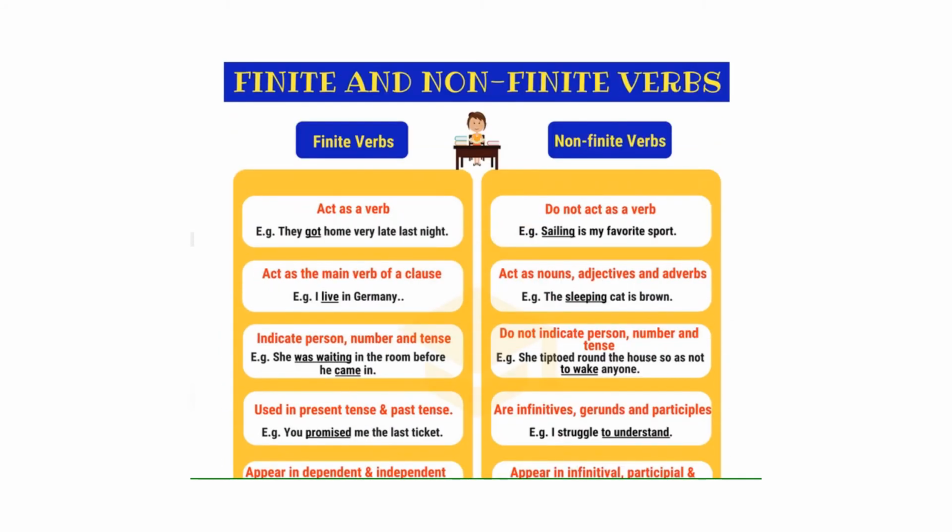For non-finite verbs, they do not act as a verb, when we say, sailing is my favorite sport. Act as nouns, adjectives, and adverbs: the sleeping cat is brown. Do not indicate person, number, and tense: she tiptoed round the house so as not to alarm anyone.